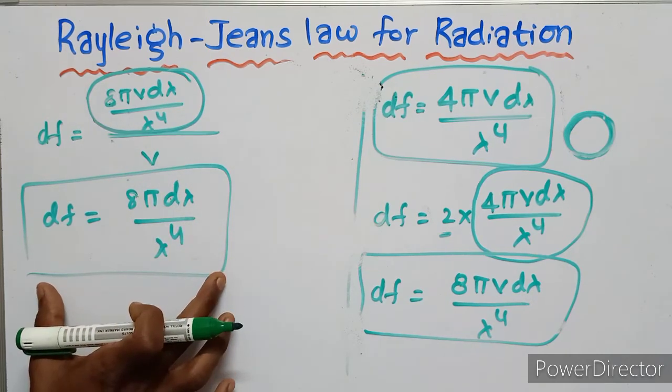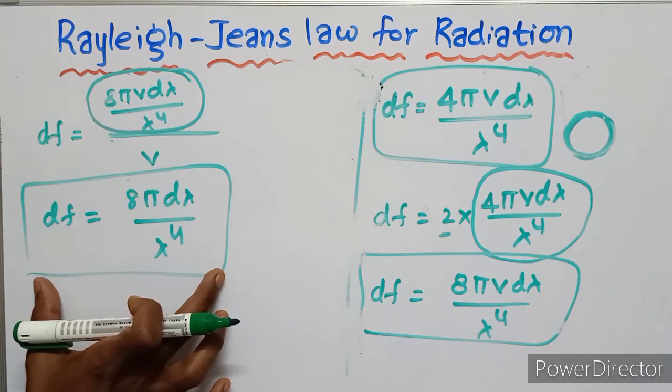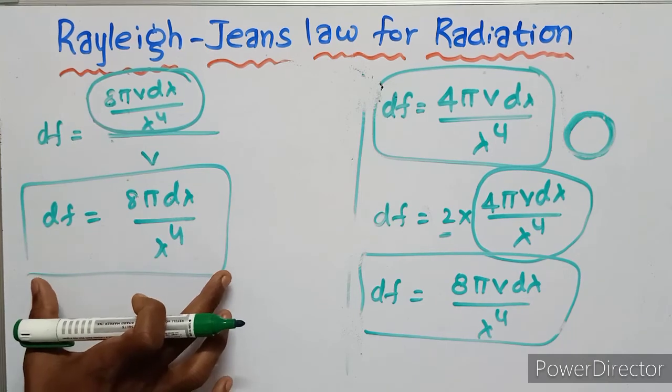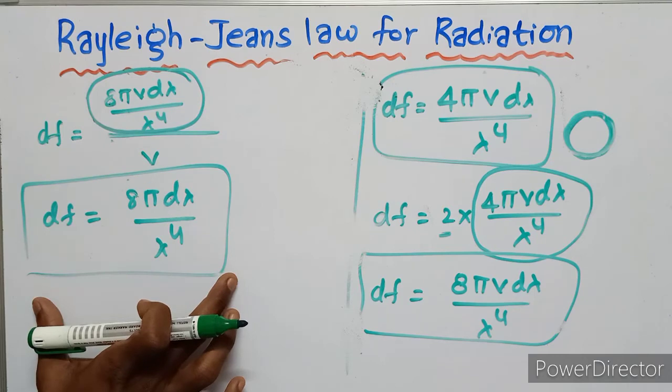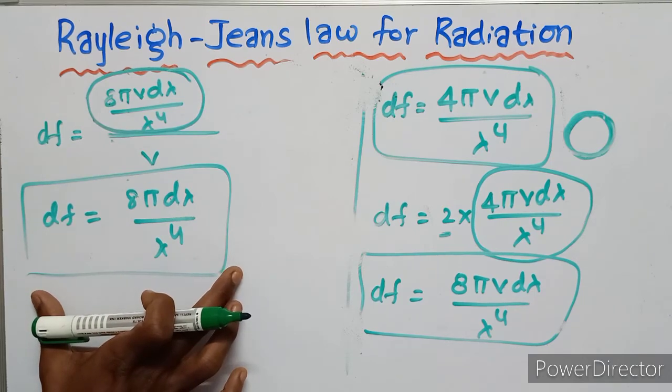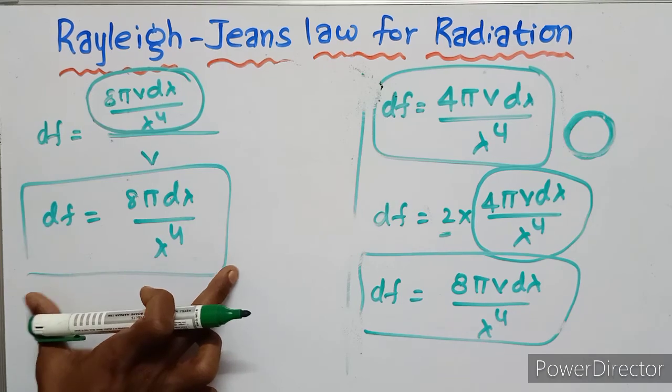So this is the Rayleigh Jeans law of radiation. This is equal to the number of vibrations in the total enclosure.